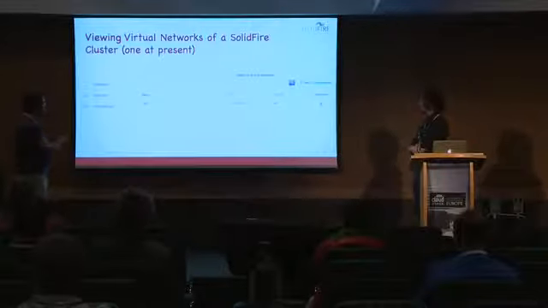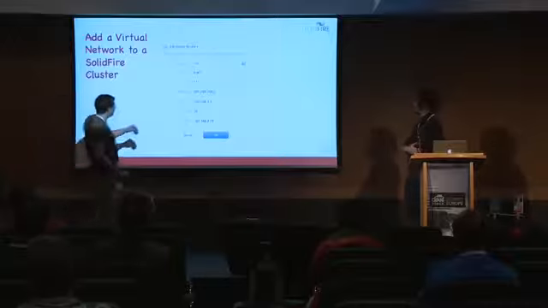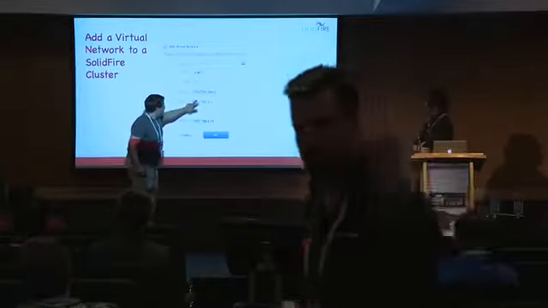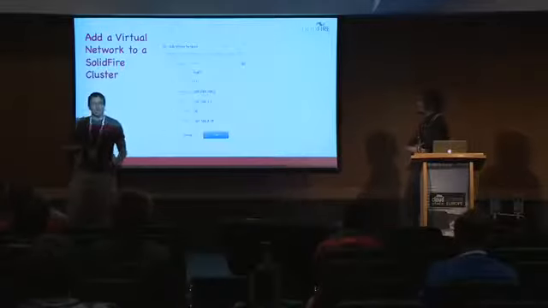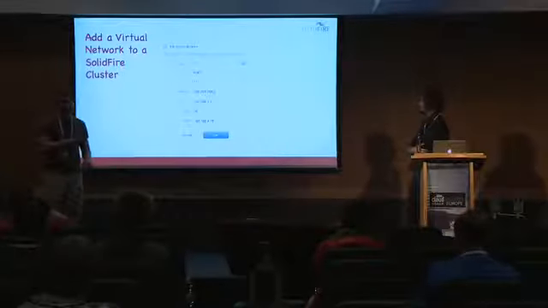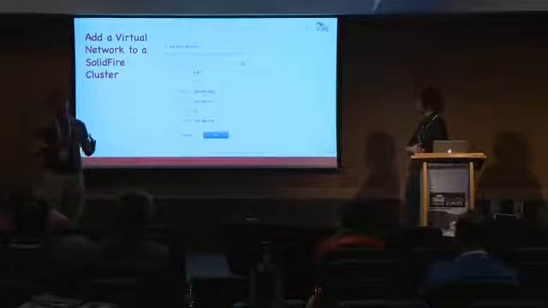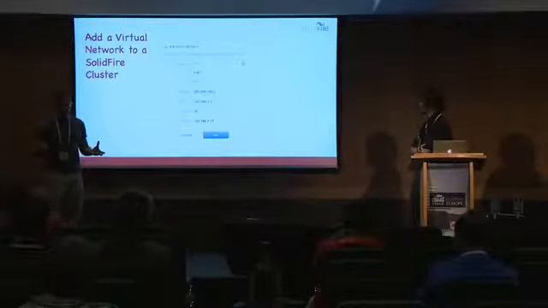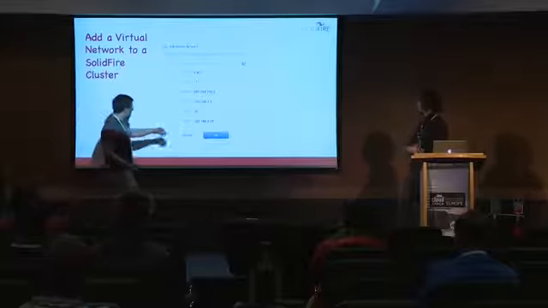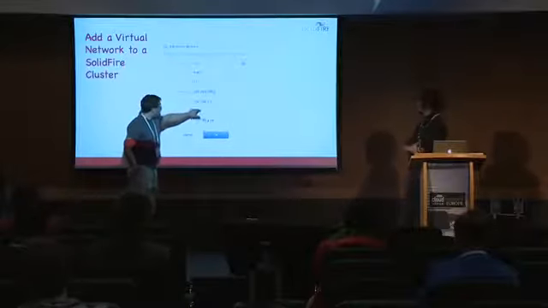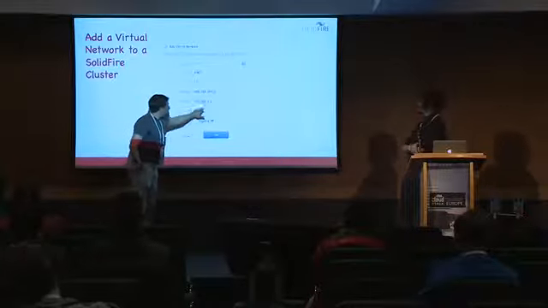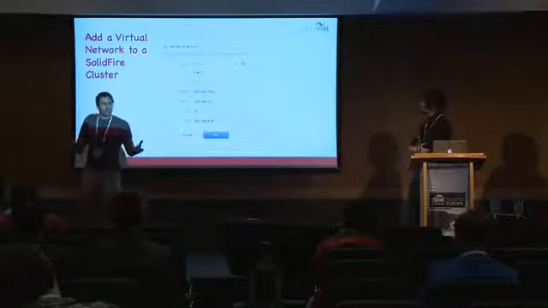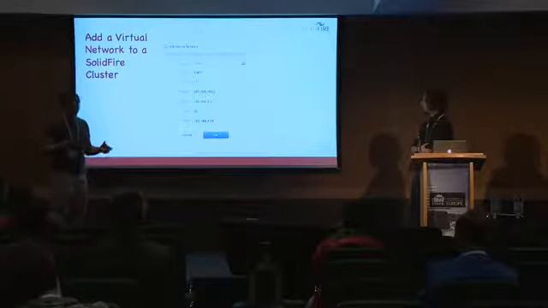Good point. So actually, in that previous slide, what we can see here is the start IP address. This is the first IP address on that VLAN that can be assigned to one of the SolidFire storage nodes. So you can build out a SolidFire cluster to 100 nodes. In that case, you would need at least a size of 100. Here we're saying we can start at this IP address, and we can use anywhere from 1 through 20 and assign those IP addresses out for the VLAN needs of that particular storage node.